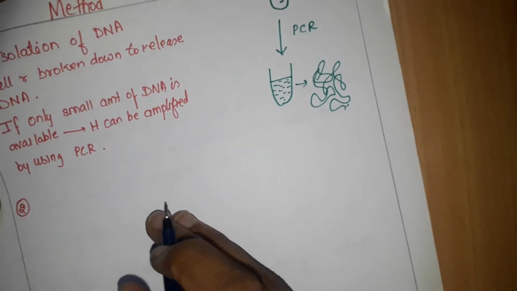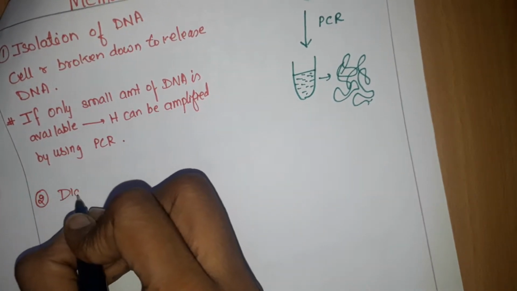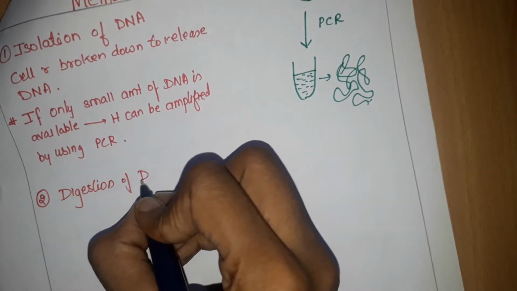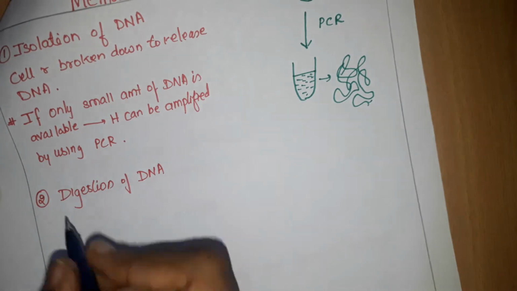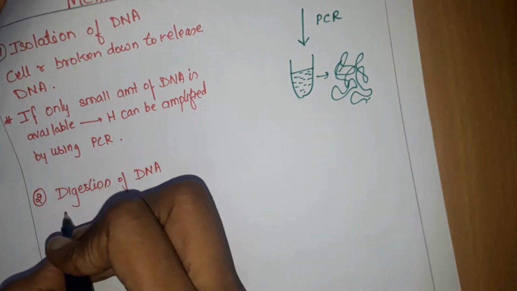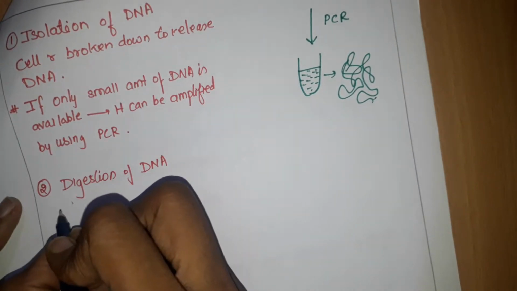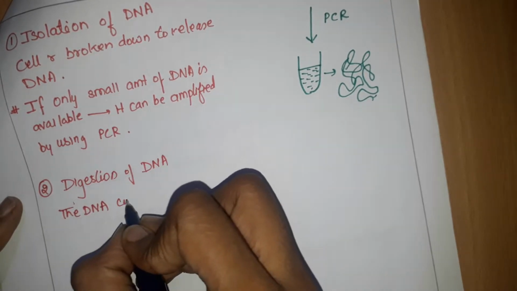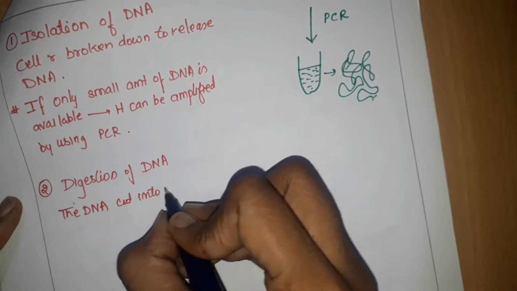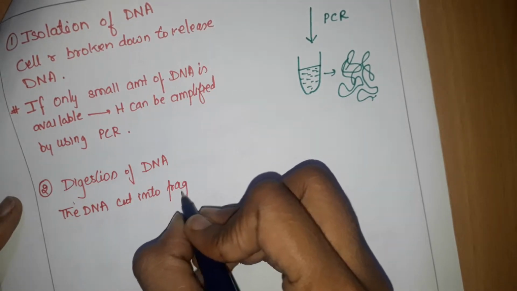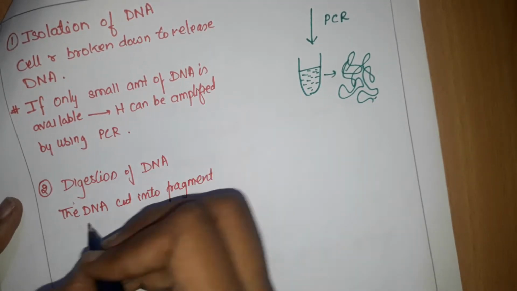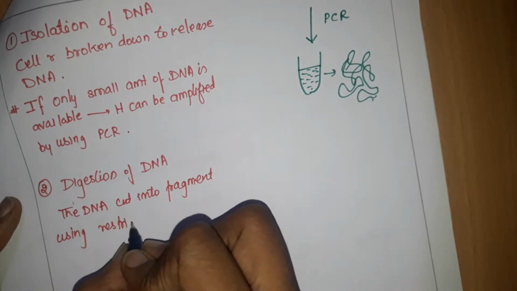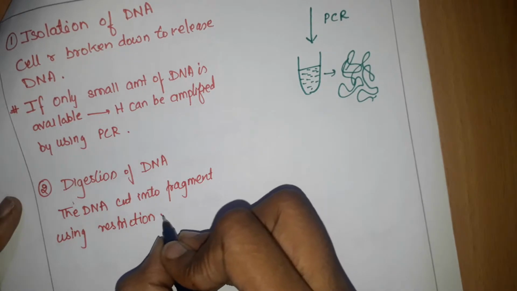Second step, digestion of DNA. The DNA which we have is cut into fragments by using restriction enzyme.